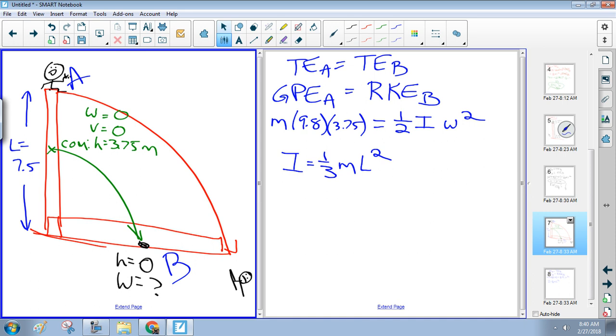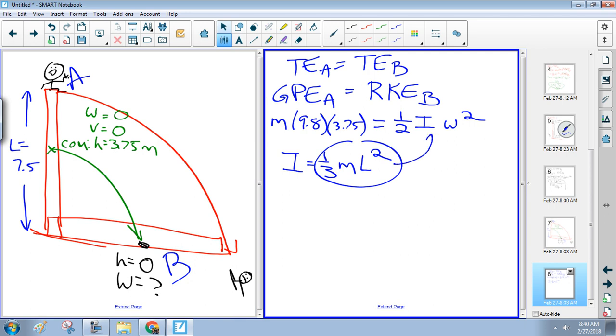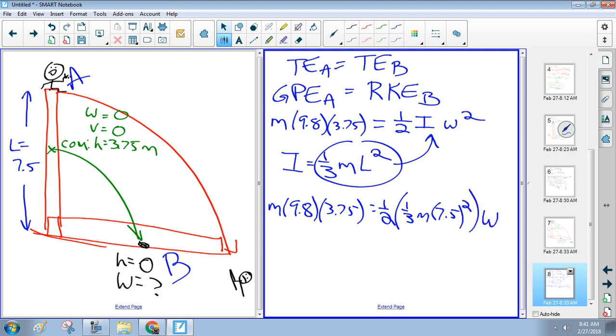Okay, so we're almost done here. So I'm going to just substitute this into here, and let's see what we get. So we got m times 9.8 times 3.75 equals 1/2 of this mess, 1/3 m times, our L is 7.5 squared times omega squared, right?